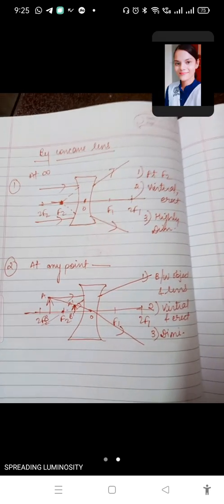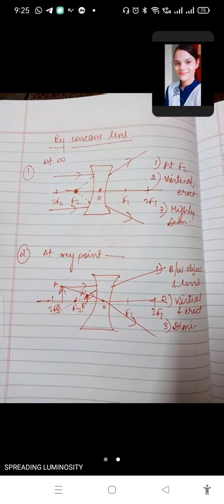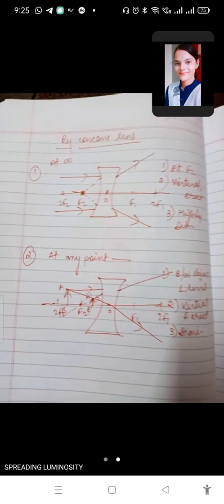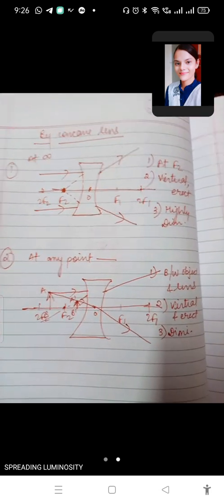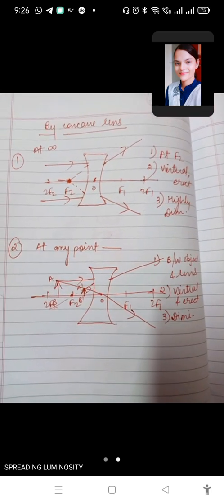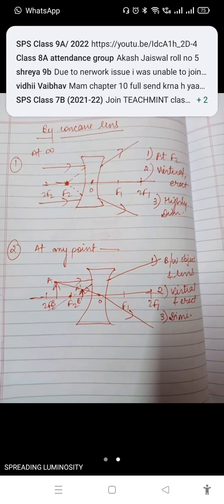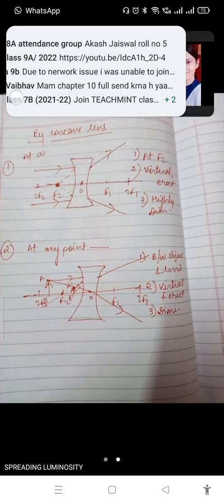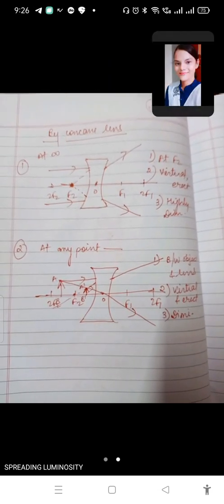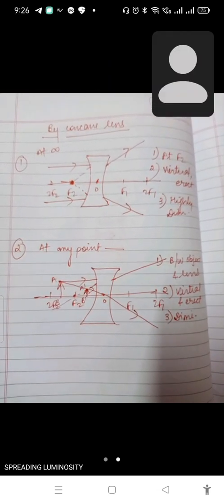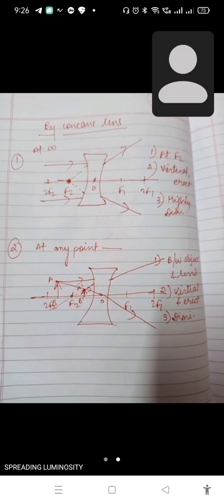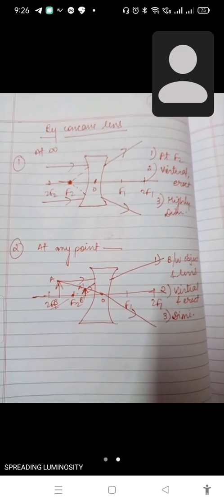Is there any confusion? If you have any problem in any ray diagram, then you can ask, because after that I'll start the new part from tomorrow. Okay, then write the answers of this part, and if you have any queries then you can ask me.